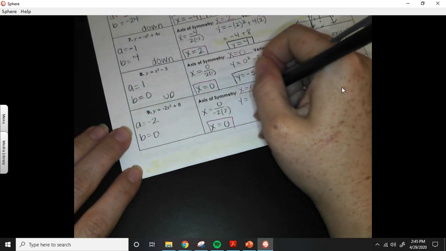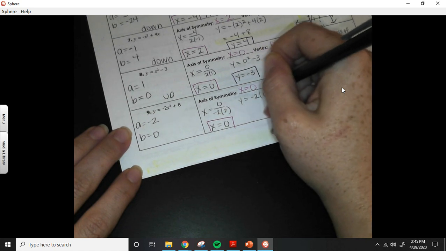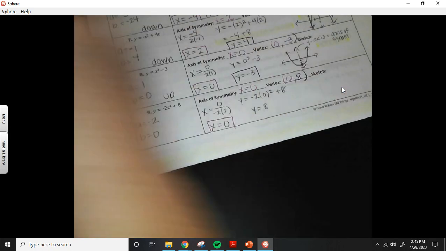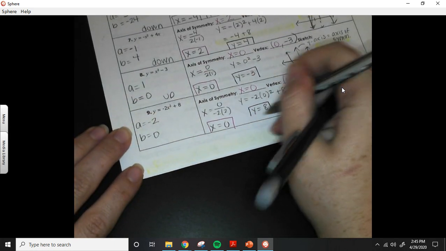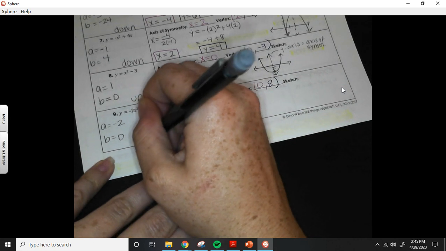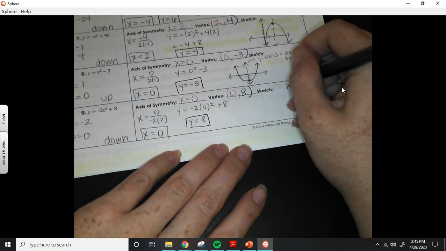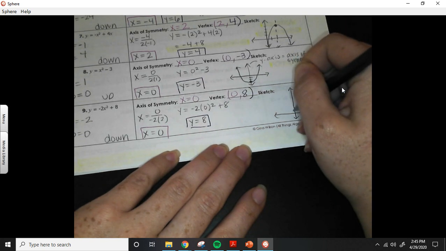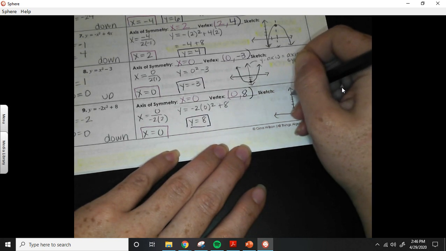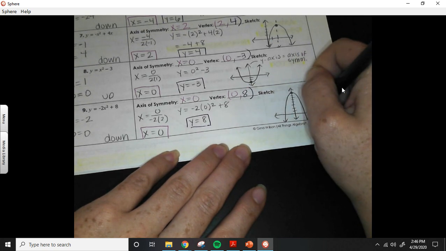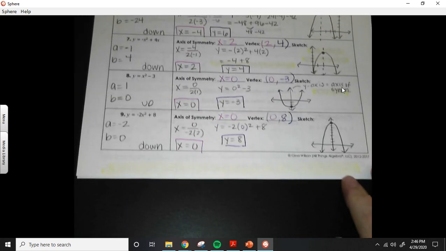So y equals negative 2 times 0 squared plus 8, y equals 8. Sketching this, 0, 8, opening down. 1, 2, 3, 4, 5, 6, 7, 8. There's your sketch of that one.